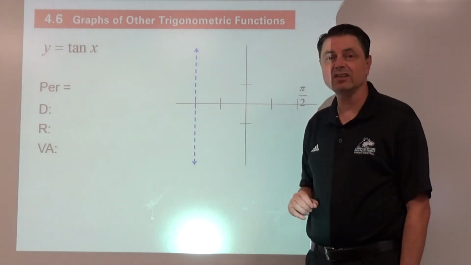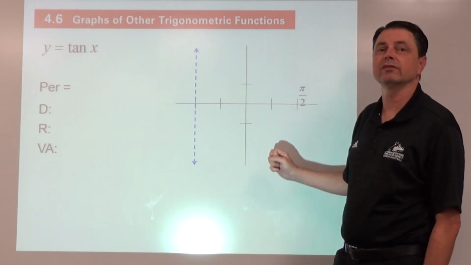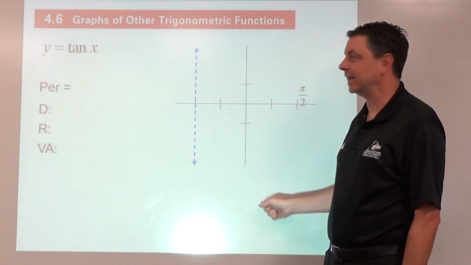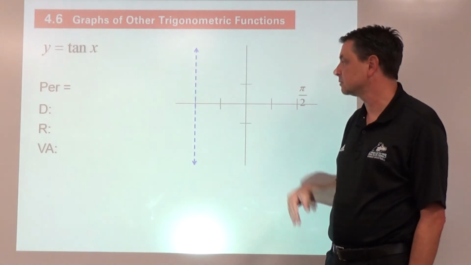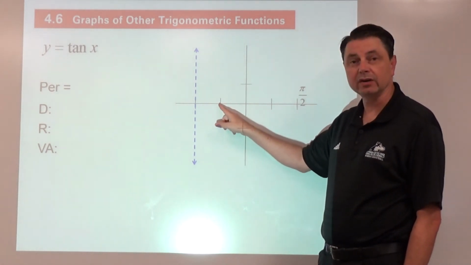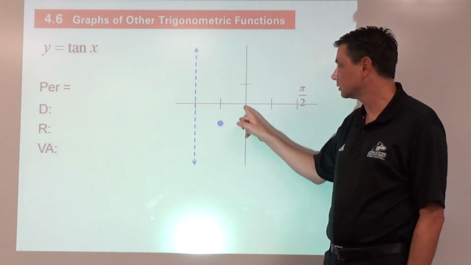What about at negative pi over 4? So rotating down into quadrant 4, root 2 over 2, comma, negative root 2 over 2. Quotient, the y divided by the x, negative 1. So negative pi over 4, comma, negative 1. What's the tangent of 0? 0.